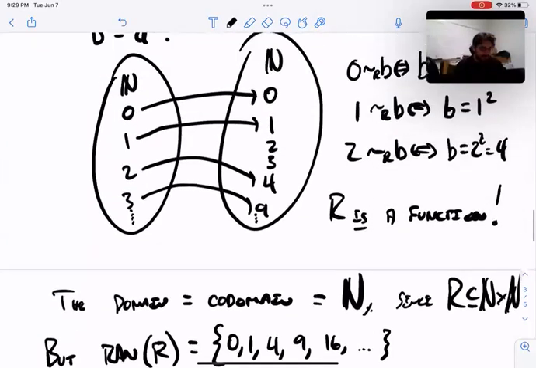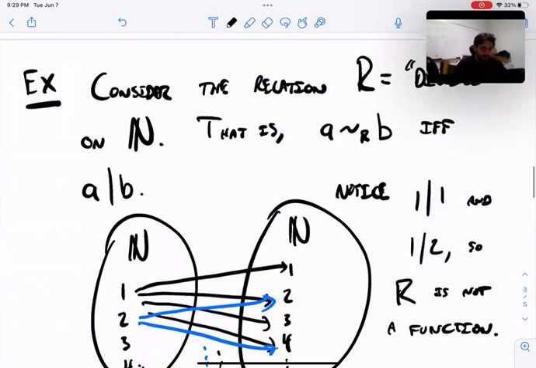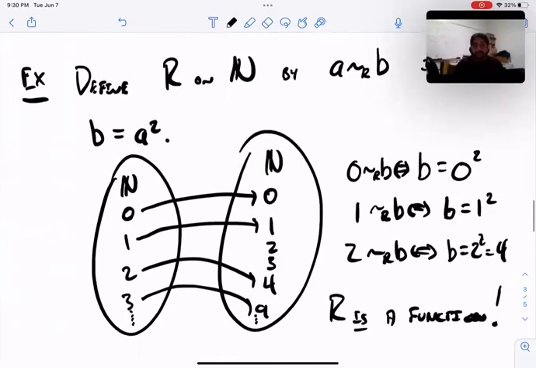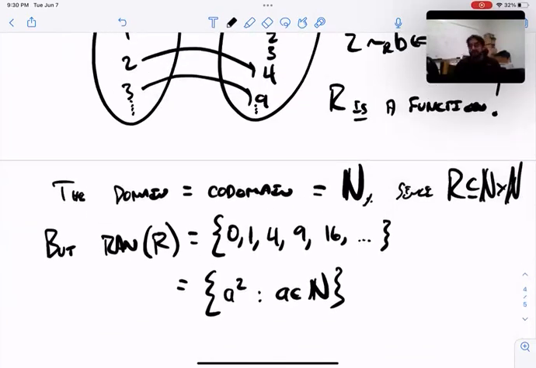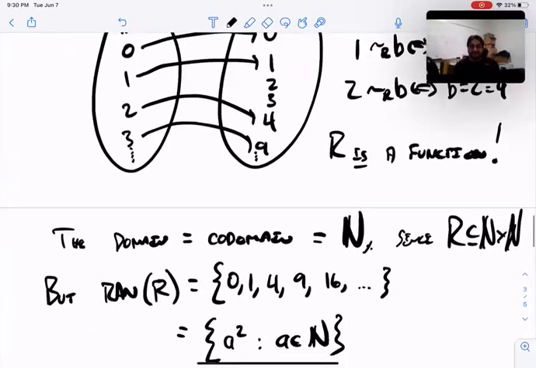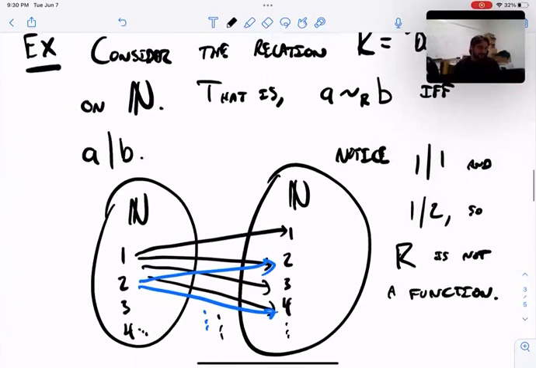So this is an example of a relation that is not a function, and here's an example of a relation that is a function. And in each case, we were able to identify the domain. In the second case, we were able to identify the domain, the codomain, and the range, right? In the first case, we didn't really care to identify any of those things. It wasn't a function, so we didn't even ask for range or codomain.